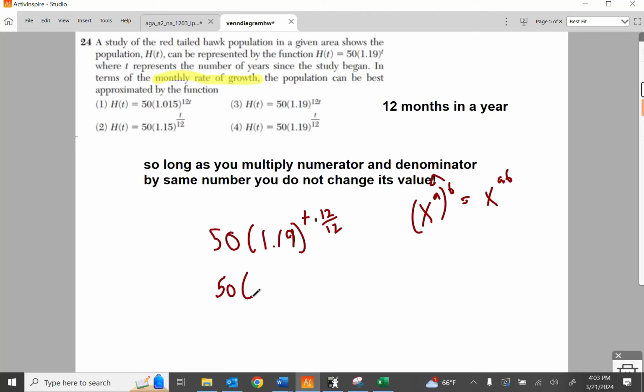So there's the 50. It's going to stay by itself. I'm going to take the bottom of this fraction and move it to the inside. And what I'm going to be left with is just 12t on the outside. If I understand that property, I'm only choice 1 or 3. Now, this number, I can literally push buttons.